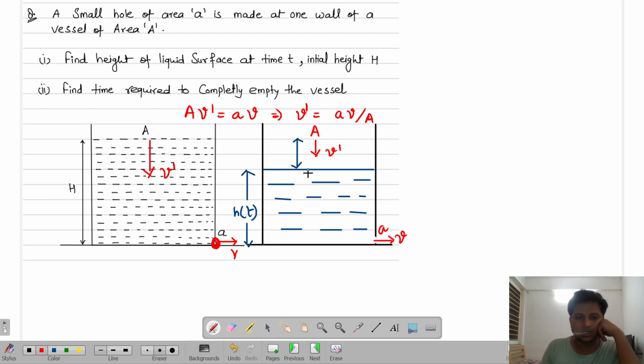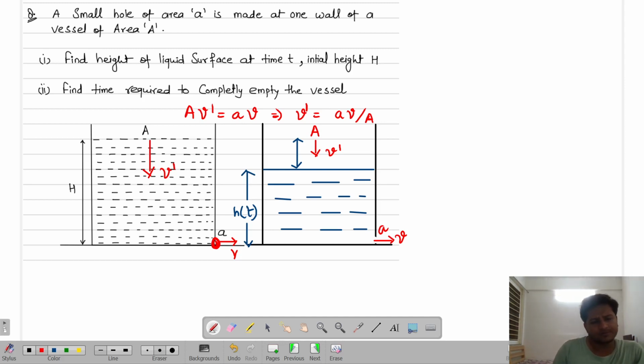Now, try to understand the height of liquid.